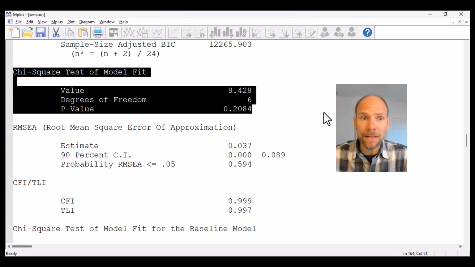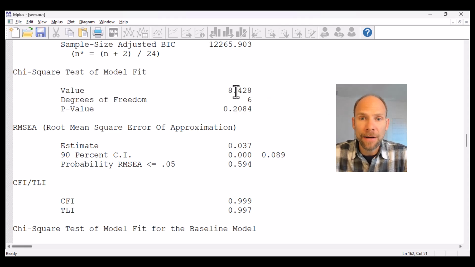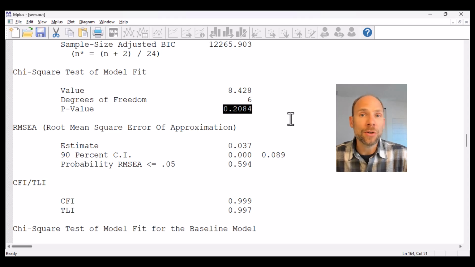And so in this case, you can see the chi-square value here is 8.428, 6 degrees of freedom, and a p-value of 0.2084, which is not statistically significant at the 0.05 level. So if we are testing with an alpha or a significance level of 0.05, then this model would not have to be rejected because the p-value is greater than 0.05.